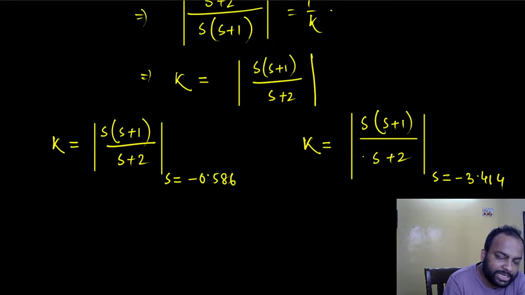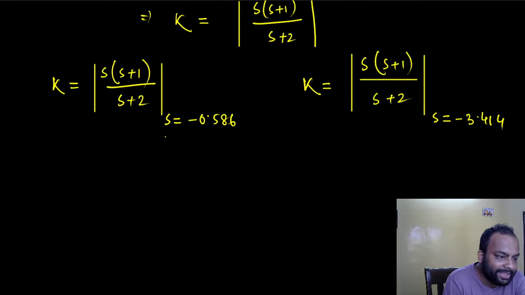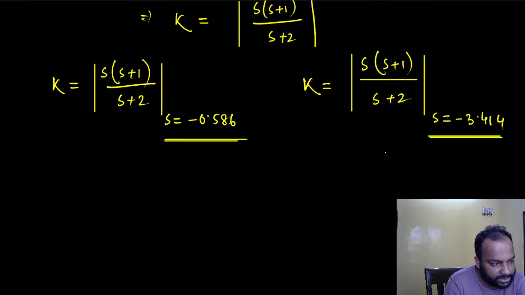So let's put these values here and calculate the corresponding gain: gain at this breakaway or break-in point and gain at this breakaway or break-in point. Both are valid points. Let's calculate the gains at those 2 points. Implies k equal to how much, and implies k equal to how much.